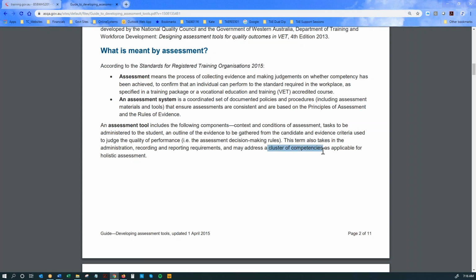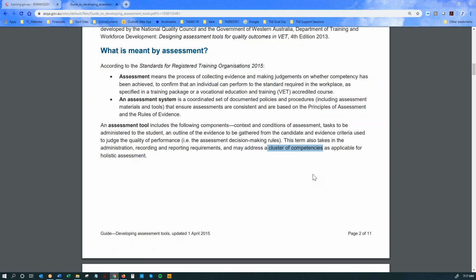The other concept to mention is that sometimes units of competency are assessed as a cluster. That just means that often a unit of competency will be very similar to another, and they may go together as they would in the real world. So you might combine the assessment of both into one assessment tool, which would cover off on all the requirements of both units, or a selection of units.